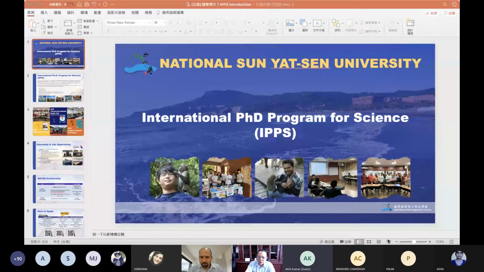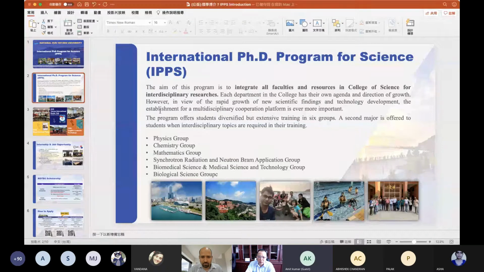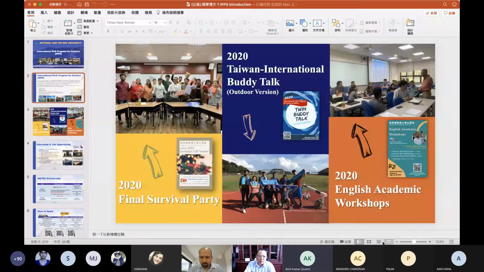Yeah, we can see the first page. You should start the slideshow now. Yeah, we can see the second page. Can you see the third page? No. How about now? Yeah, now we can see it. Okay. So I think we just show this kind of screen because once I go full screen, you cannot see it.